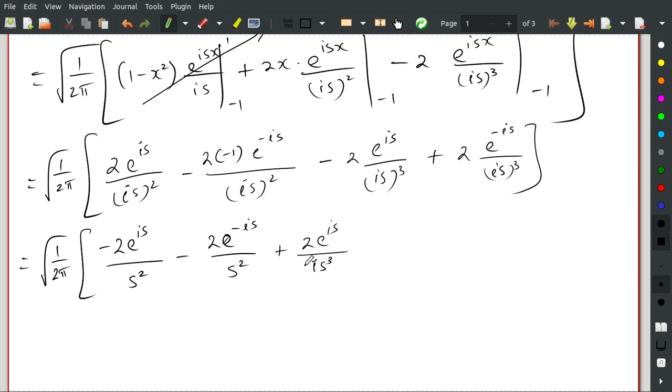So we are left with an i. Then this i square here becomes minus 1, and minus of minus is plus, so we have this one, and here we have minus 2 e power minus is divided by is cube.